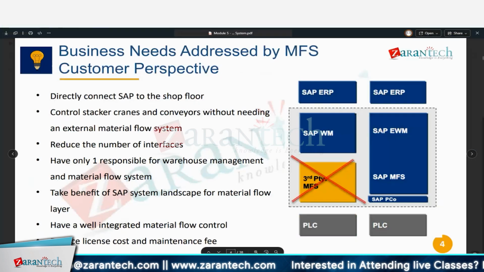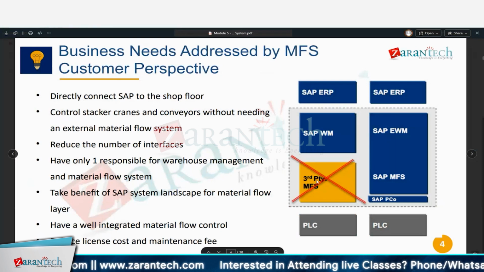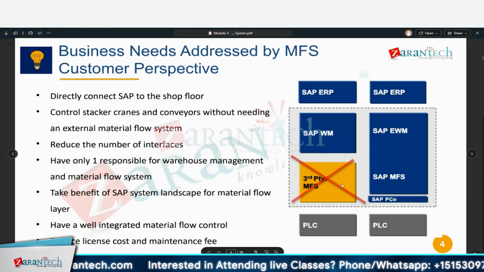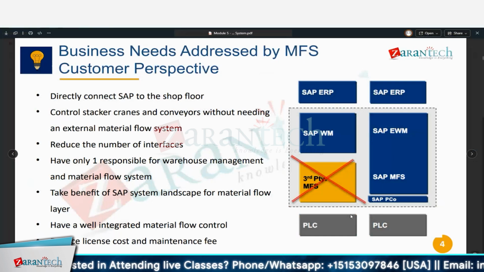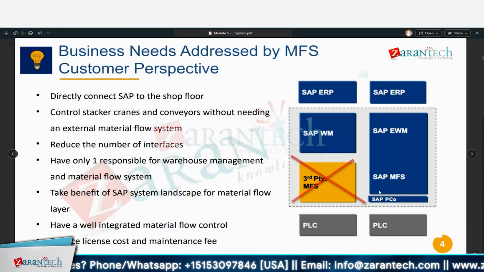Okay, so you can see in this diagram, if your MFS was not there, then probably you would have required a third-party MFS, which would have been the integration point between your EWM and those PLCs. So what are the advantages this MFS is bringing? It is helping us to integrate our EWM with those PLCs. It is very efficient.